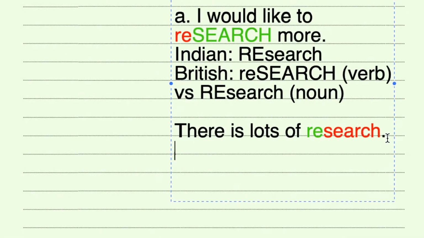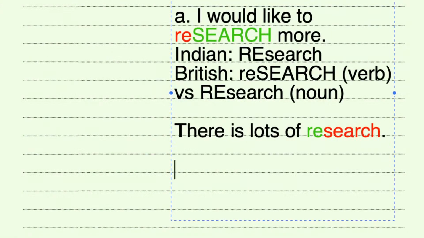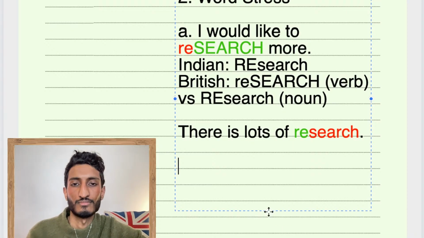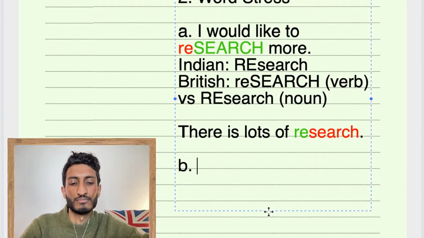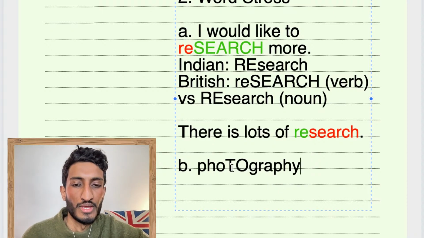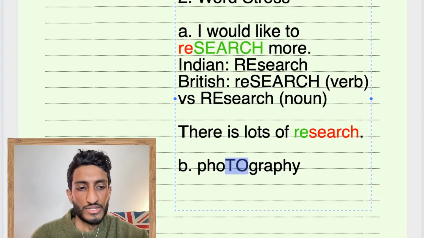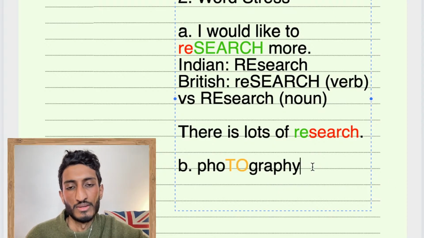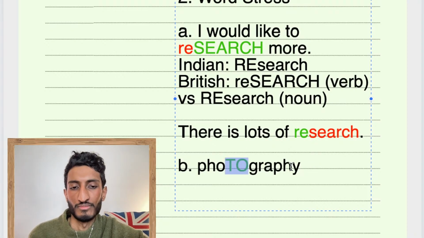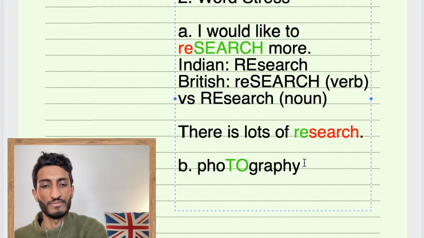I think the other classic example is this one here. So in Indian English, it would be photography, photography.